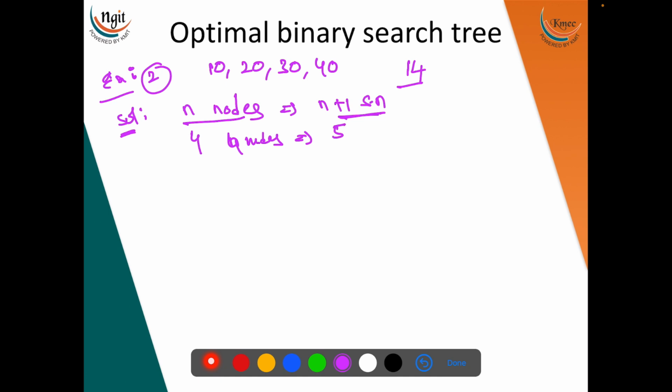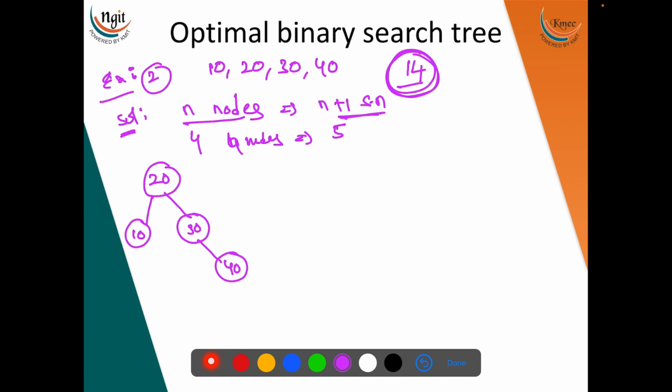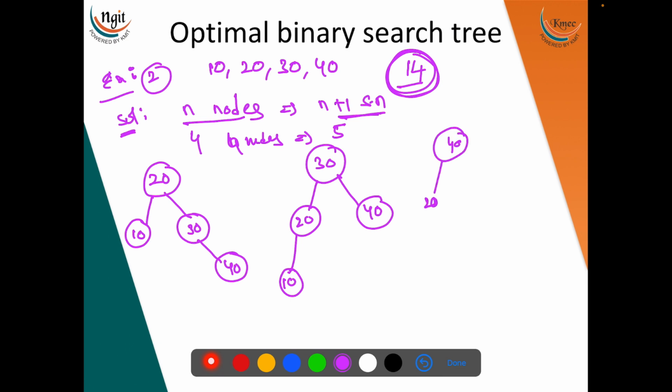Now let's draw it. I'm just drawing here 20, 10, 30 and 40. I'm not going to take 14, but I'll take a few of them. 30, 20, 40, 10 and 40, 20, 10 and 30.